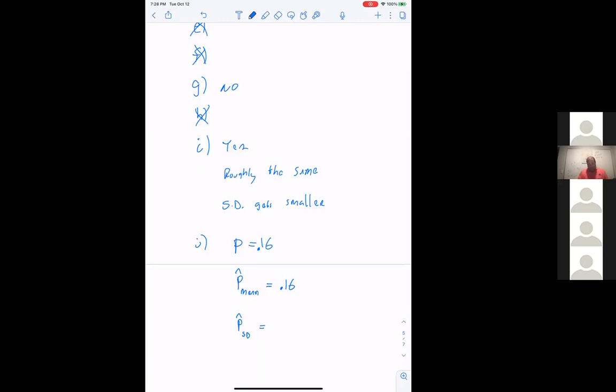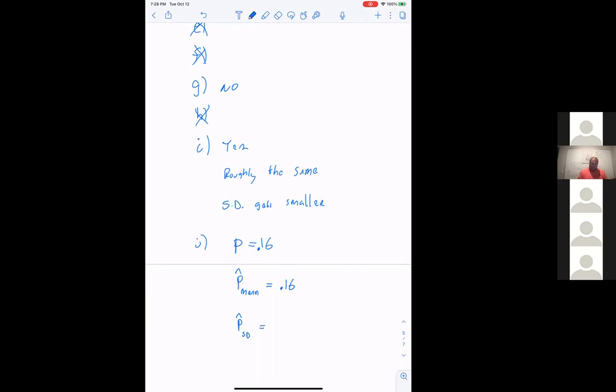It was the standard deviation divided by the square root of n. And what is the standard deviation of the original, specifically for a proportion? I gave this to you.